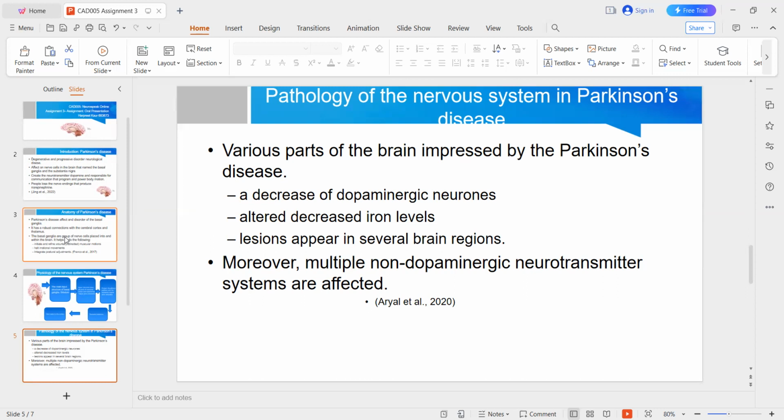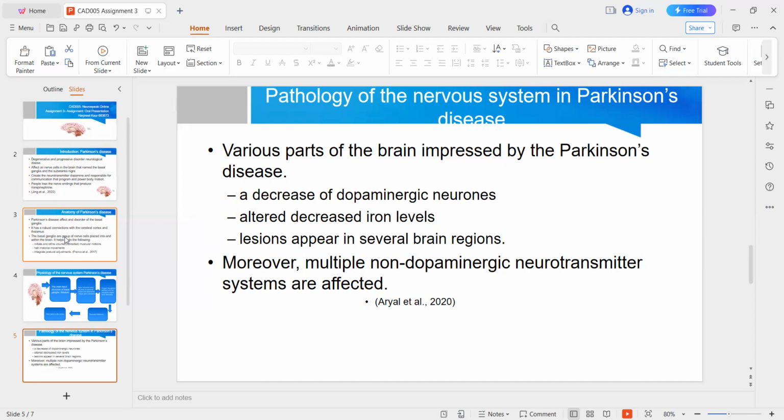It is probably due to increased oxidative stress, as lesions appear in several brain regions. As the disease progresses, damage occurs in other brain areas, including the dorsal motor nucleus, neocortex, prefrontal cortex, and amygdala, etc.